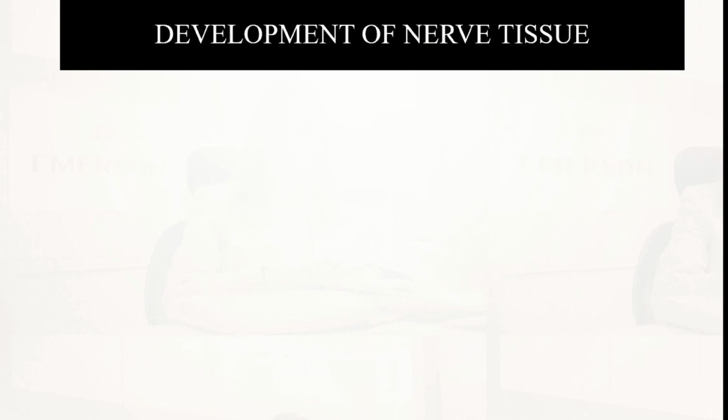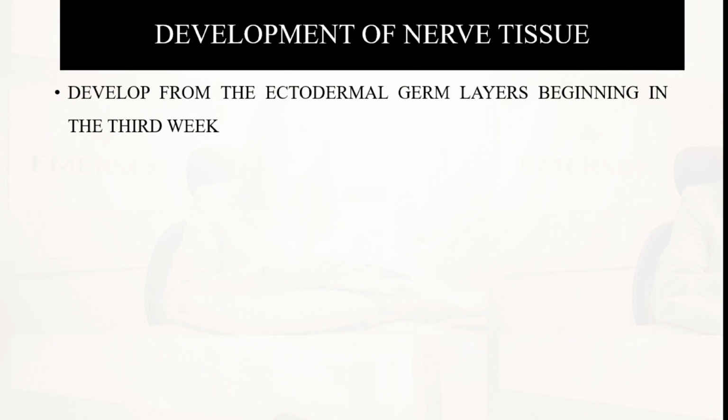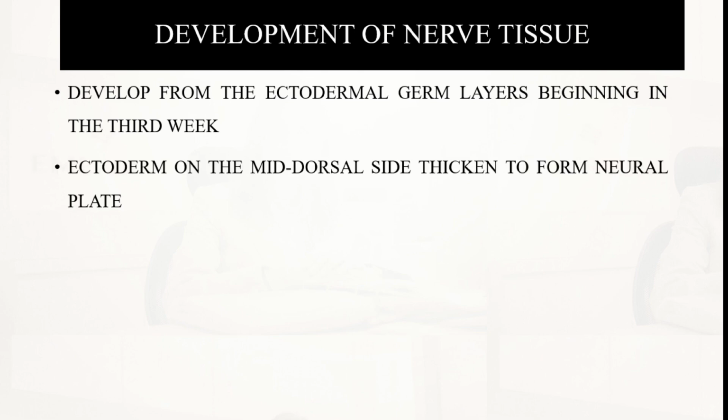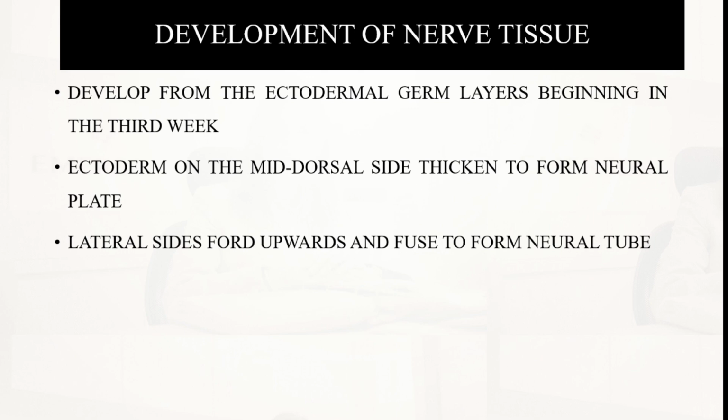So let's now talk about development of the nerve tissue. The nerve tissue develops from the ectodermal germ layer beginning in the third week, and the ectoderm on the mid-dorsal side thickens to form the neural plate, and the lateral sides fold upwards and fuse to form the neural tube.